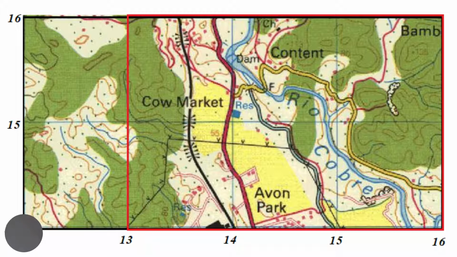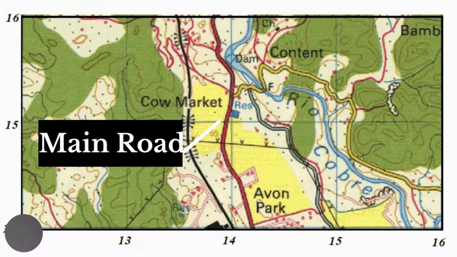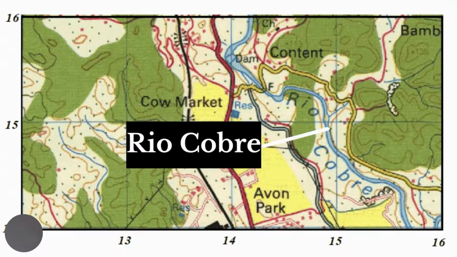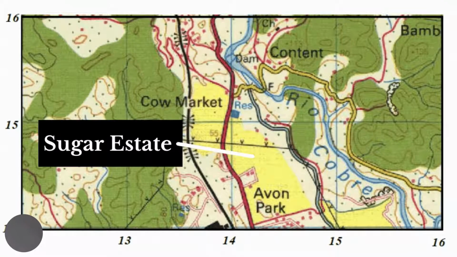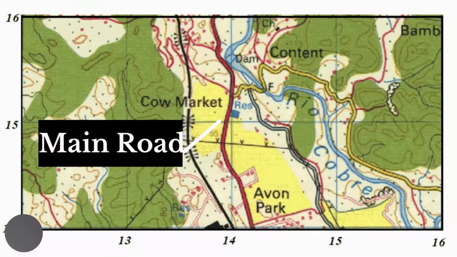We're not interested in showing the entire map extract. Also, we do not want to show all of the features in the selected area. We only intend to show the Rio Cobre River, the main road, as well as the sugar estate.